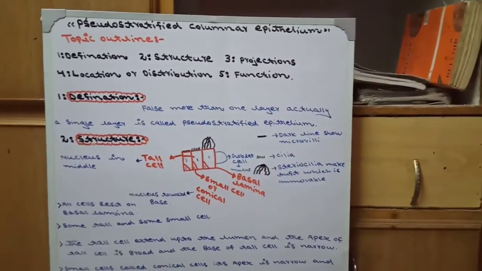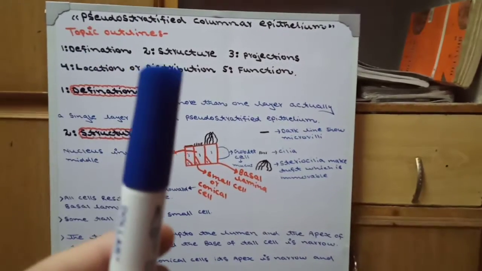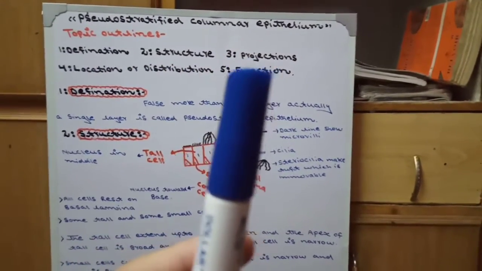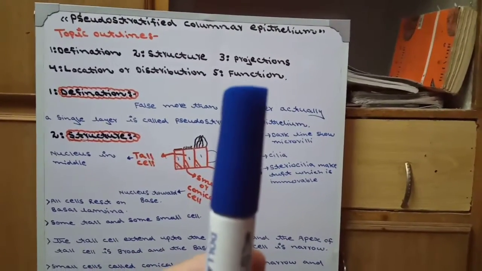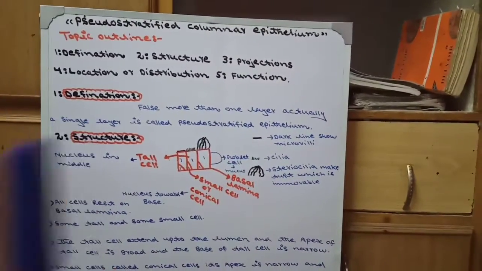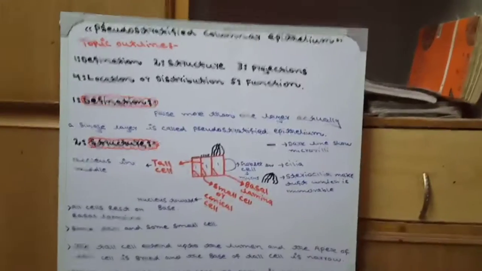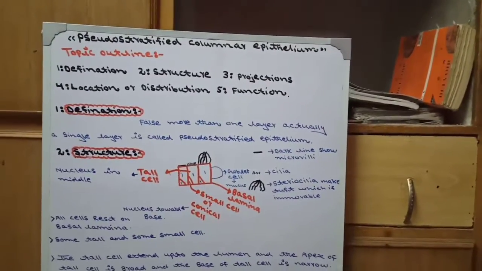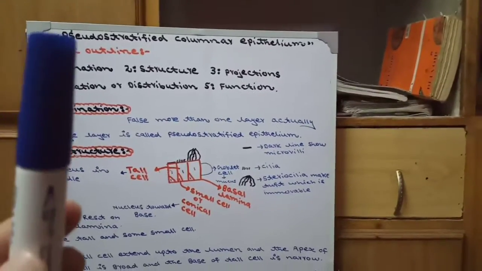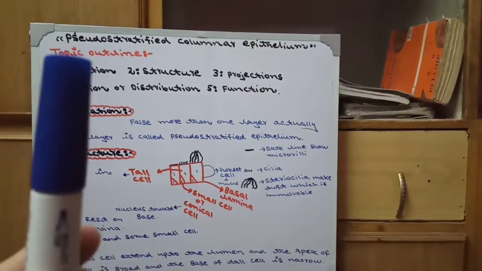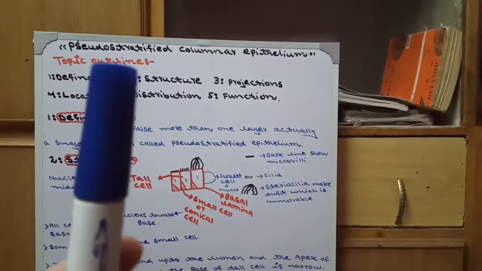The topic outline includes definition, structure, projections, location or distribution, and function. First, we start from the definition. What is pseudo-stratified columnar epithelium? The word pseudo means false and stratified means more than one layer.